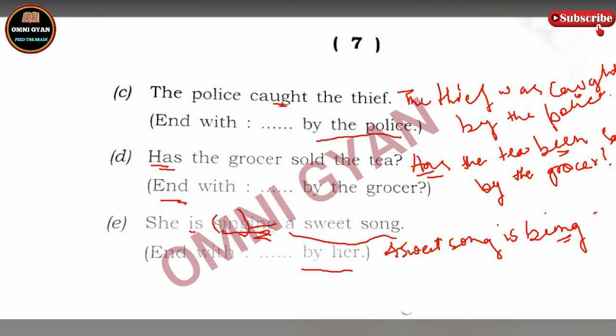So what remains is sing, and sing's third form is sung. A sweet song is being sung, so we have to put by her at the end. She becomes her. By she we cannot write, this will be wrong. So we put by her and then a full stop. Alright, so this is it.